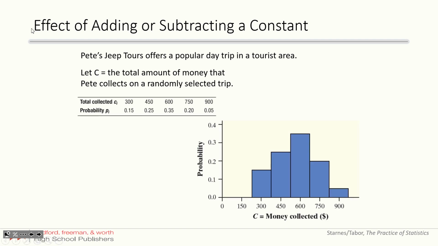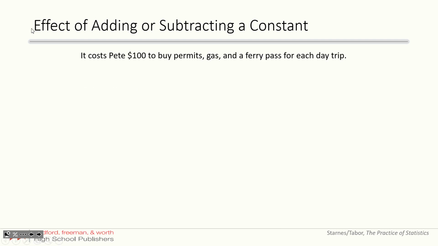Remember, it depends on the number of passengers that he has as to why he would collect more or less on any given trip. So this is old news. We've looked at this before. We made the probability distribution table and the histogram. Now, it costs Pete $100 to buy permits, gas, and a ferry pass for each day trip.